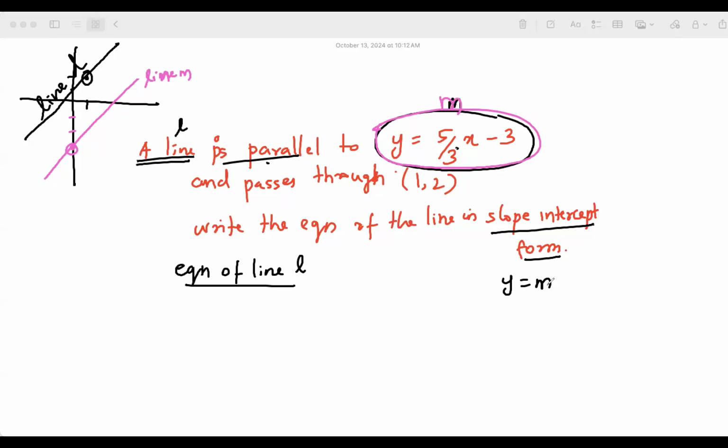One minute, guys, I'm not able to write. You have to give me one exact minute, okay? One second, guys. My writing pad's charge is over. Give me a minute. Okay.